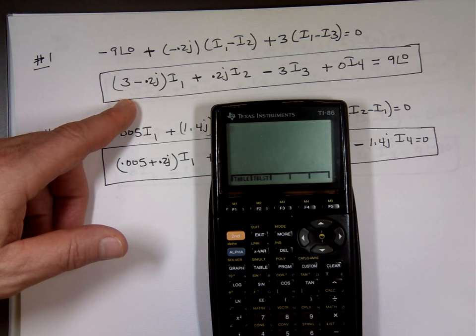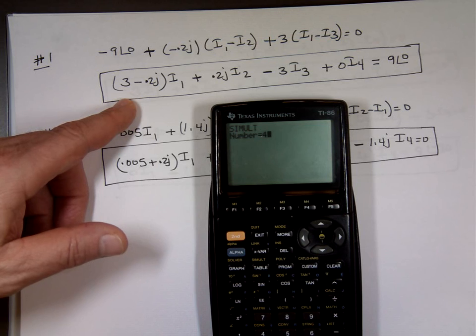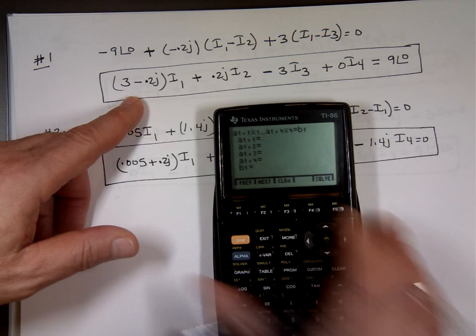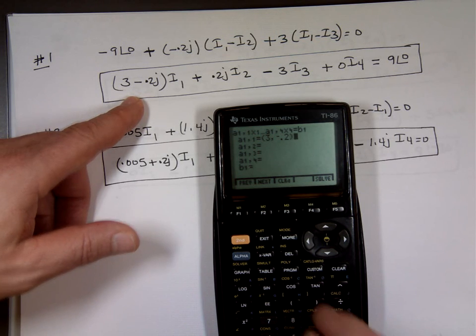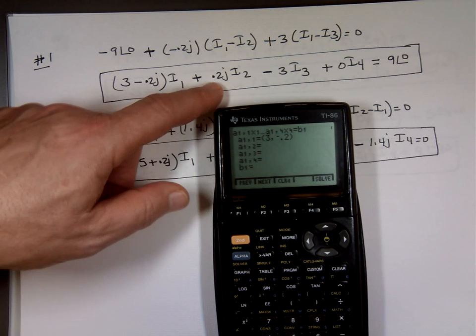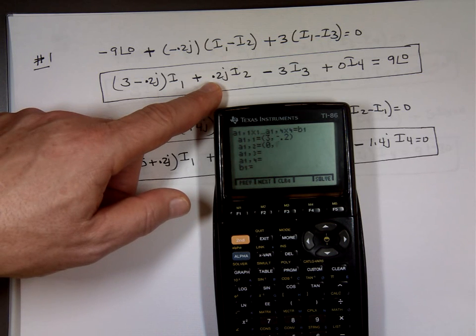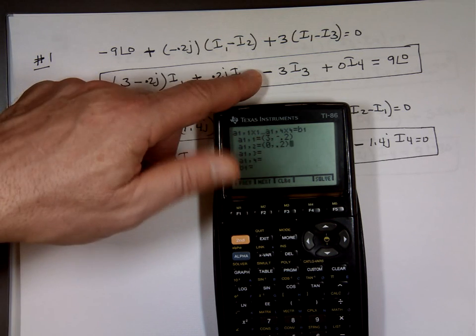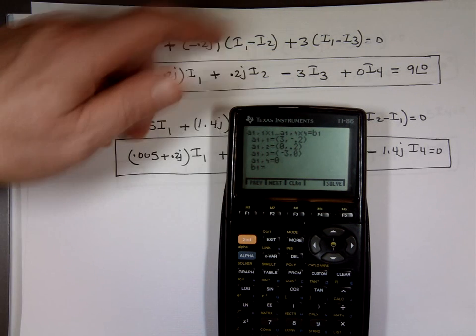How many equations? 4. Here's the first one, 3 comma negative 0.2. Then 0 comma 0.2, yes, positive. Next one, negative 3. Next one, 0. Next one, 9. 9 angle 0 is 9.